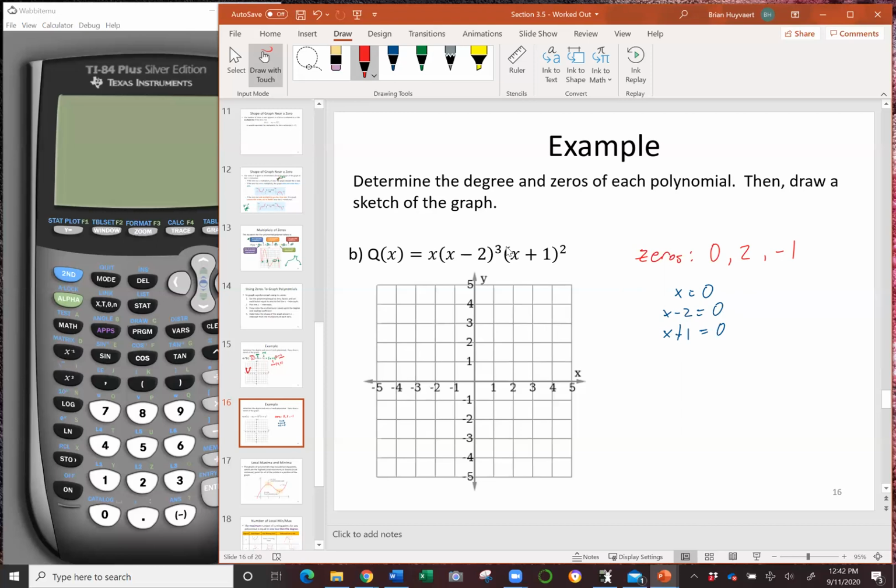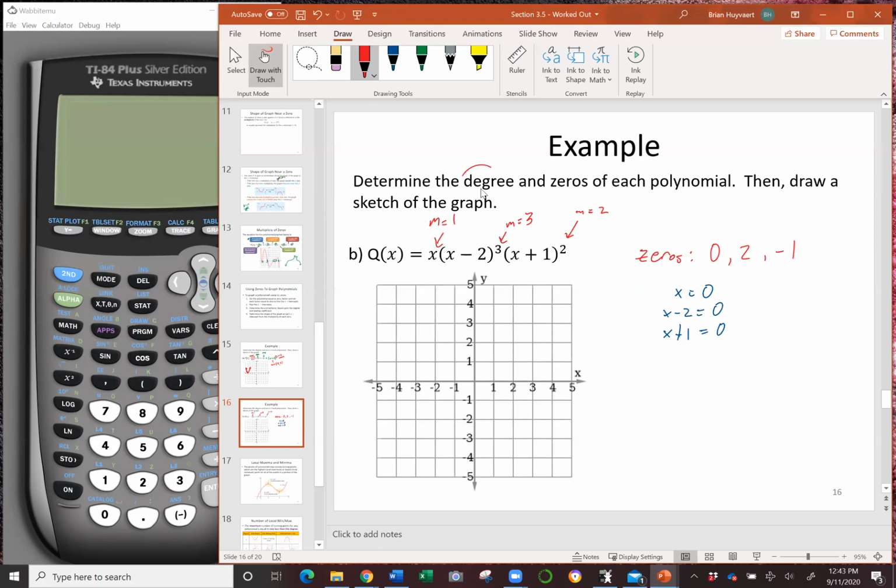So here are our zeros, but they also have different multiplicities. The multiplicity for our 0 of 2 is 3. The multiplicity for our 0 of -1 is 2. And the multiplicity for our 0 of 0 is just 1.